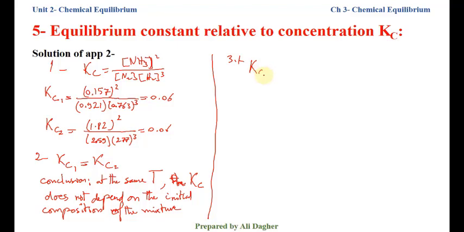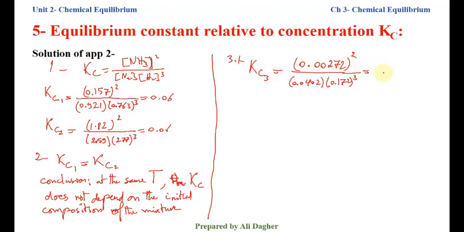Now Kc3 equals, we'll see if Kc will remain the same or will change when we change the temperature. Concentration of NH3 equals 0.00272 power 2, concentration of N2 equals 0.0402 times concentration of H2 equals 0.172 power 3.